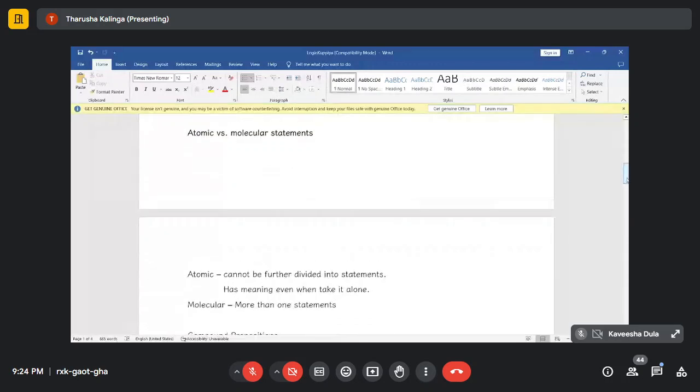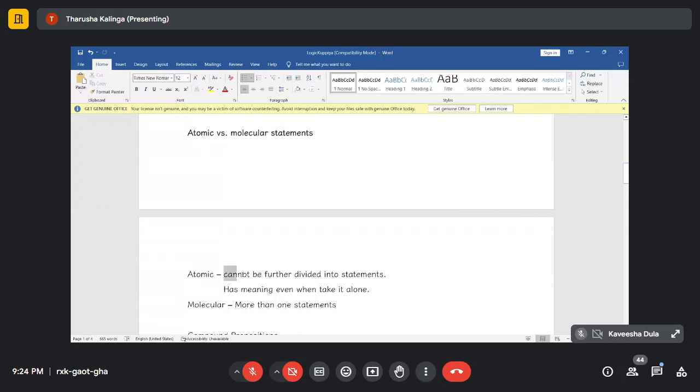Atomic versus molecular statements. Atomic, as the name suggests, atoms and molecules. Those two terms, I think you have all heard. So an atomic statement is a simple sentence that cannot be further divided into statements.